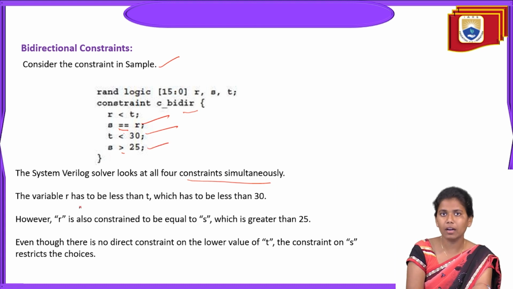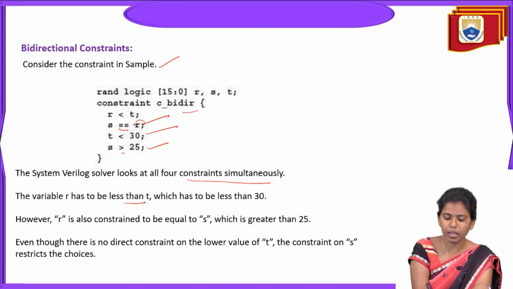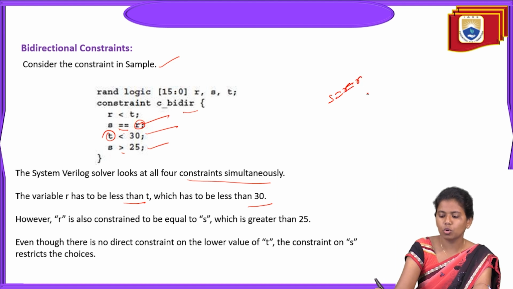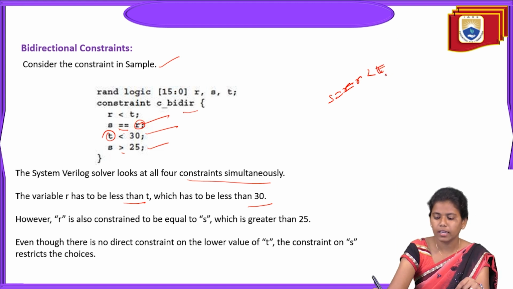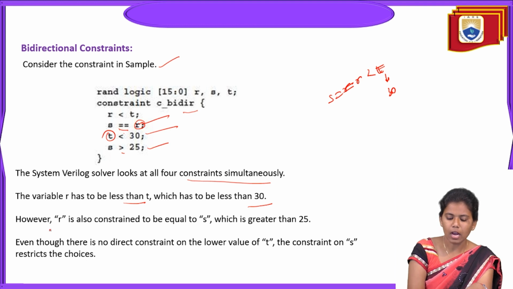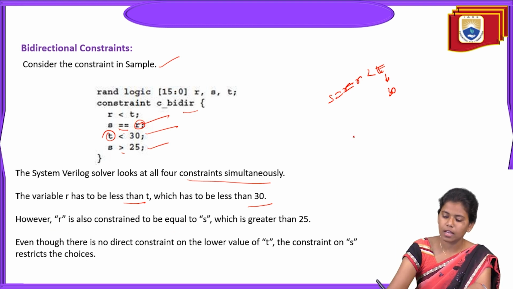The variable R has to be less than T, which has to be less than 30. We are saying that S equals R, so this variable R must be less than T, and T is less than 30. However, R is also constrained to be equal to S.